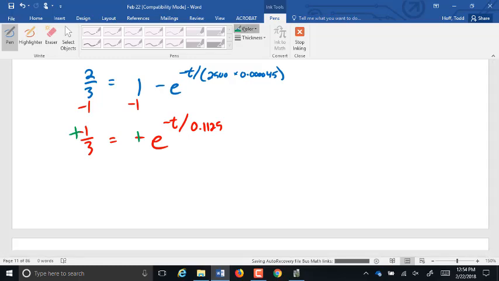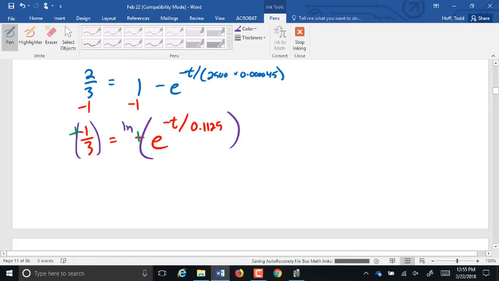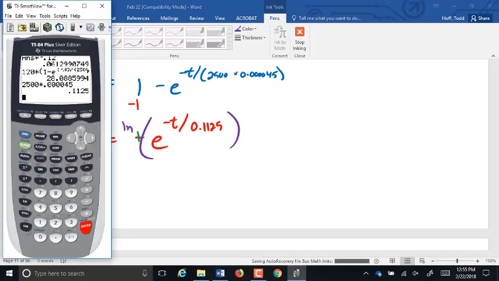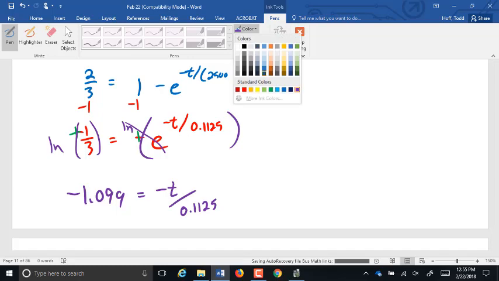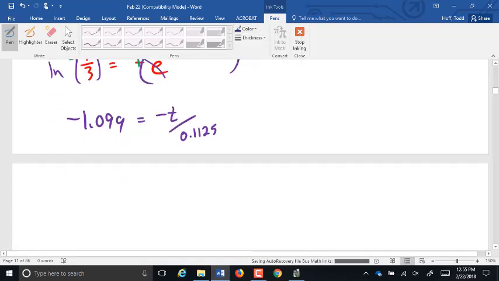And then ln of 1/3, you got it, gives us negative 1.099 equals, now that cancels out the e, so that's negative t over 0.1125. So now the last step to solve this, I am going to multiply by a negative 0.1125.